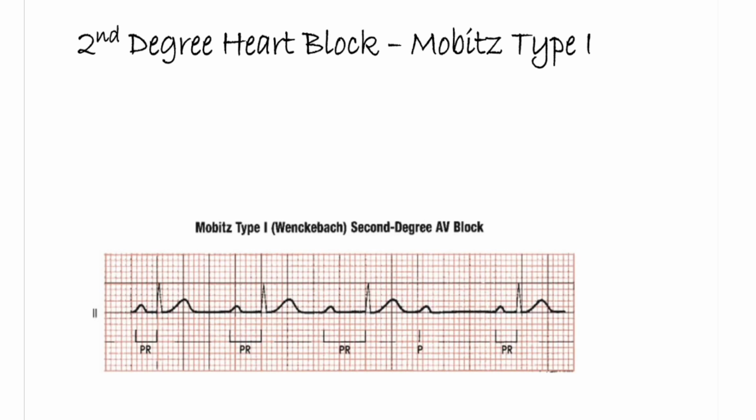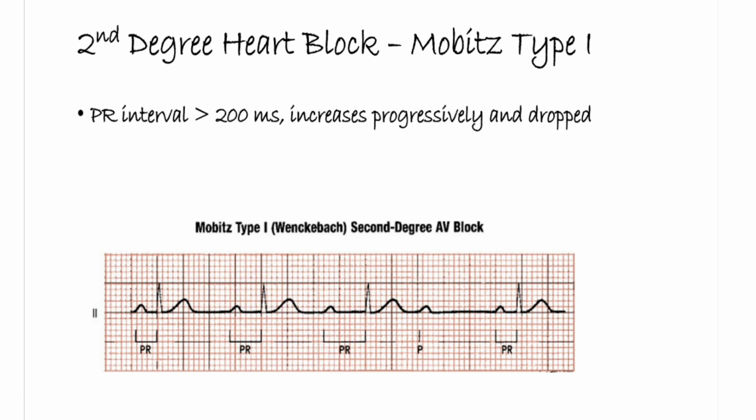In this, what happens is conduction through the AV bundle is slowed enough to increase the PR interval in a range of 0.25 to 0.45 seconds. And in this specific case, the PR interval increases in each cardiac cycle progressively. And then you see a drop of the R wave or the QRS complex.